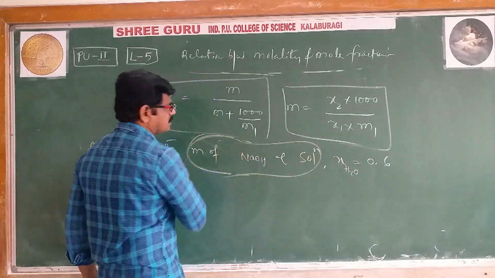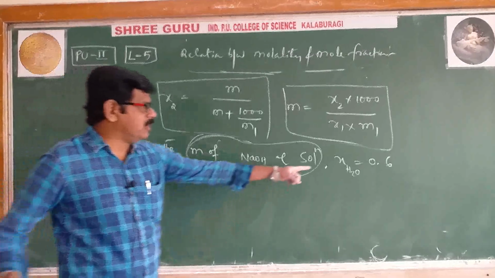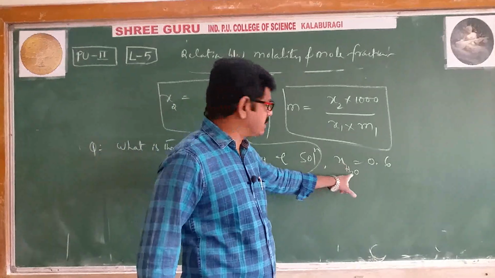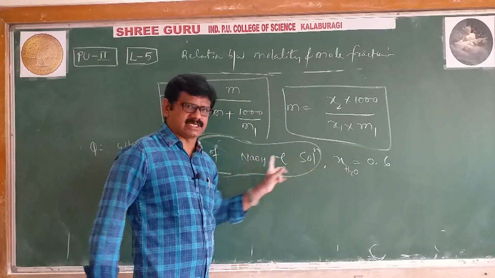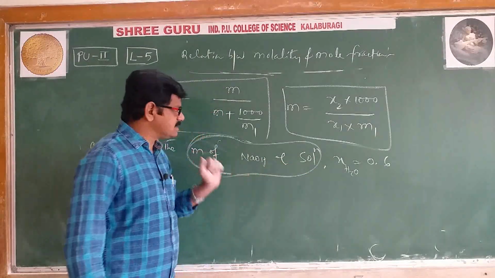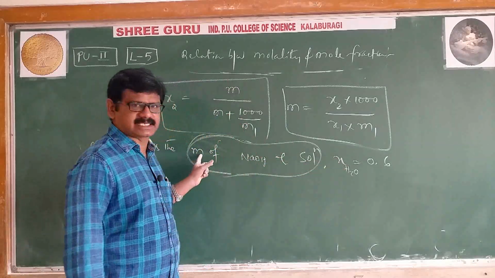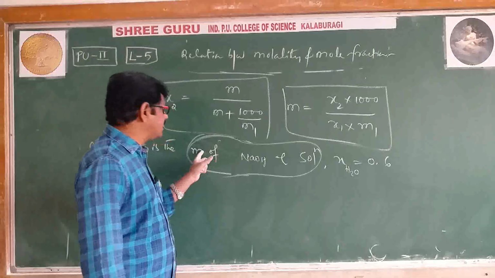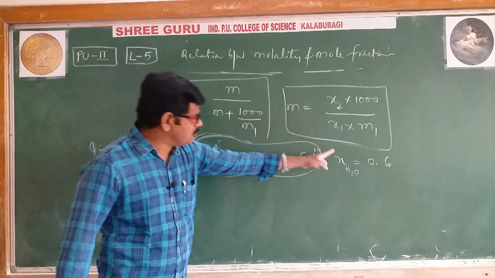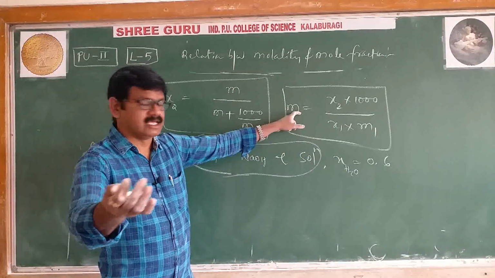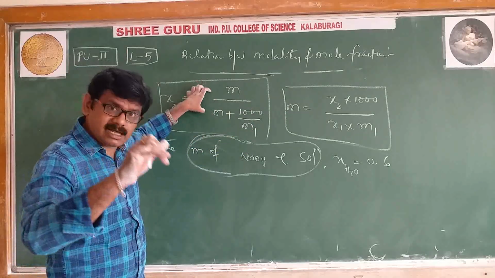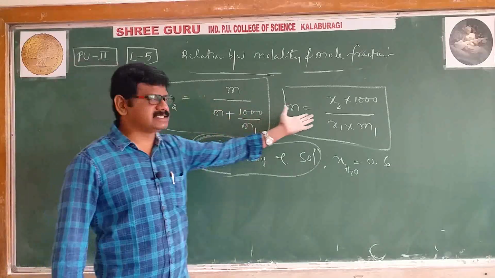Now what he has given is the mole fraction of water. Water is a solvent, because NaOH is solute. Means mole fraction given, molality asking. We'll use this formula and directly we'll get it. Of course, from the other formula also we'll get it, no doubt, but this is a direct formula.